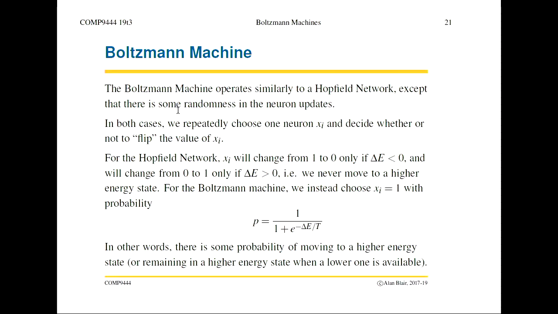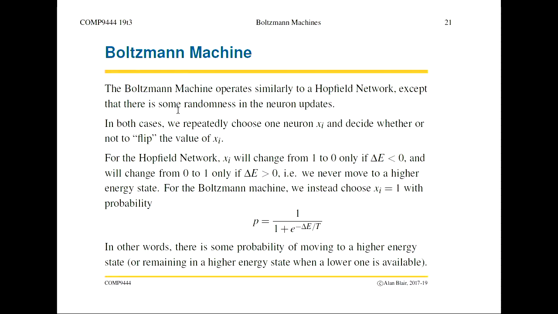So if you have e to the minus infinity, then 1 over 1 plus infinity is 0. If delta E is negative infinity, the probability goes one way, and in the other case it would be equal to 0.